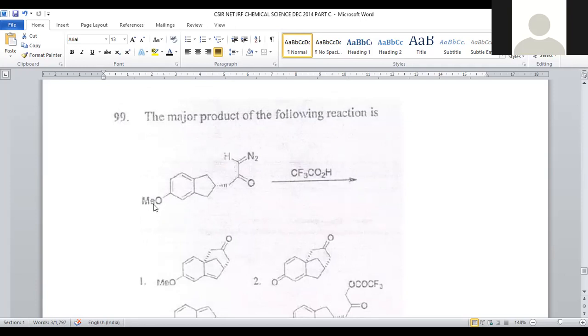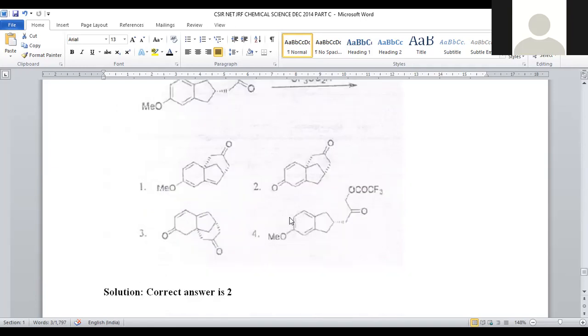So here a methoxy group is also present in a suitable position, and it will be added with trifluoroacetic acid. Acetic acid is a mild acid, but when 3 hydrogens are replaced by 3 fluorines, it becomes a strong organic acid, right? So trifluoroacetic acid is a strong organic acid.